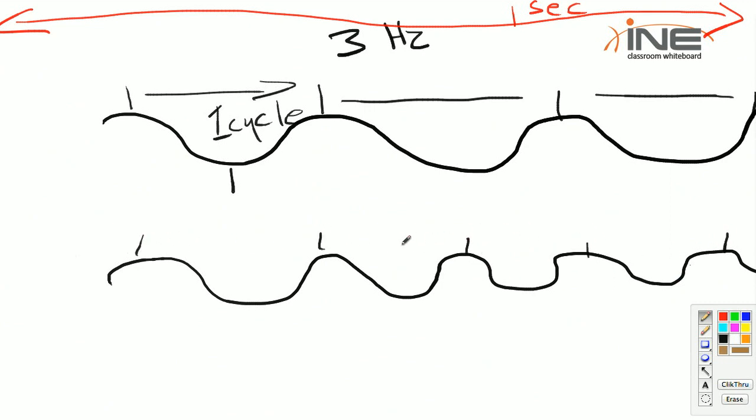I've got 5 cycles per second. The length between the waves, or the wavelength, is a shorter distance, but now I have more cycles per second, or a higher frequency. So these are inversely related. If I have a higher frequency, I'm going to have a shorter distance between the peaks of the wave. I'm going to have a shorter wavelength.